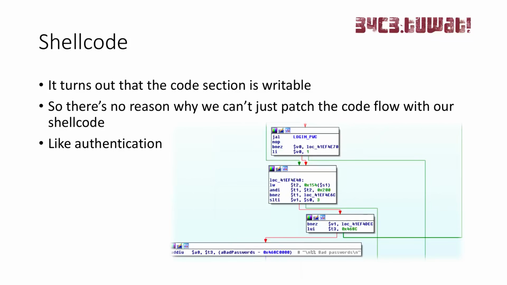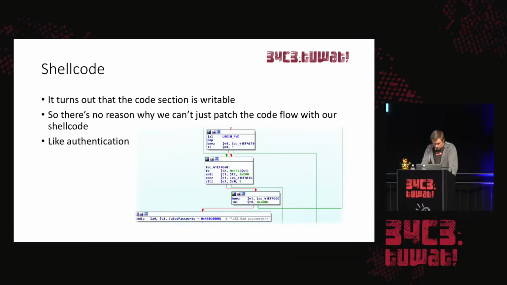As you can see here, we have a function, login password check, and the result, which is in the V0 register, is checked whether the authentication was successful or not. We can build a shellcode which will just patch this instruction, which checks login password check, and it will allow us to make a credentialless authentication against the telnet service.